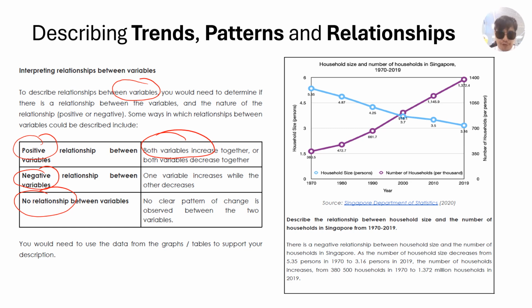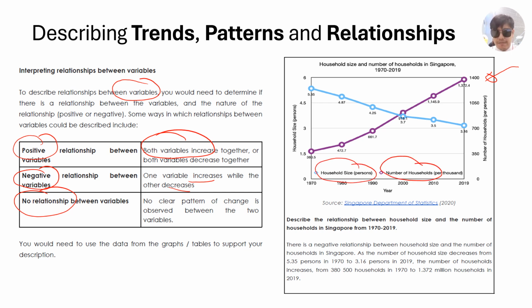Therefore, we need to reduce the amount of CO2 in the greenhouse gases in the atmosphere to maintain our temperature. Okay, a negative relationship is when one variable increases, the other decreases. So that is a very good sample over here. You realize that the different variables are household size and number of households.